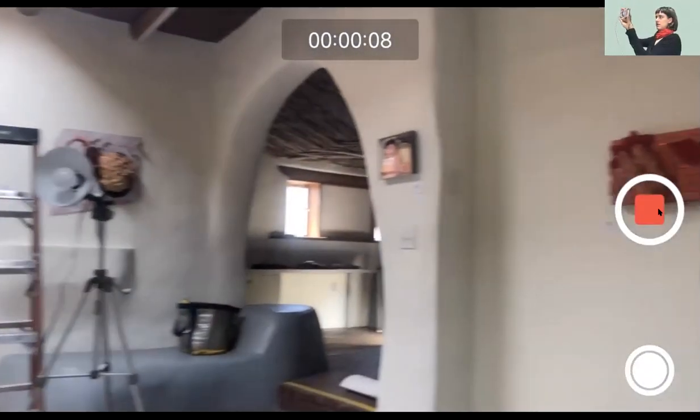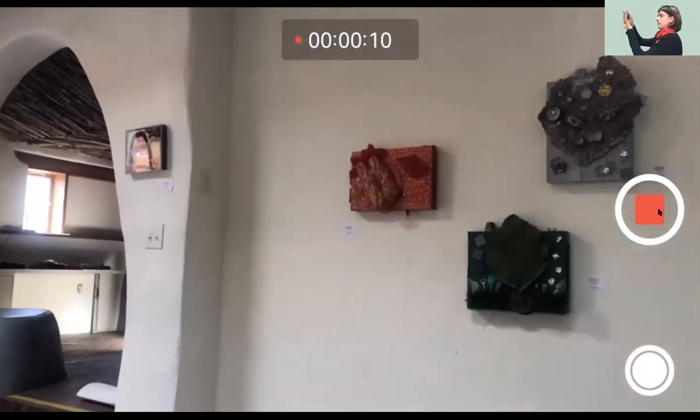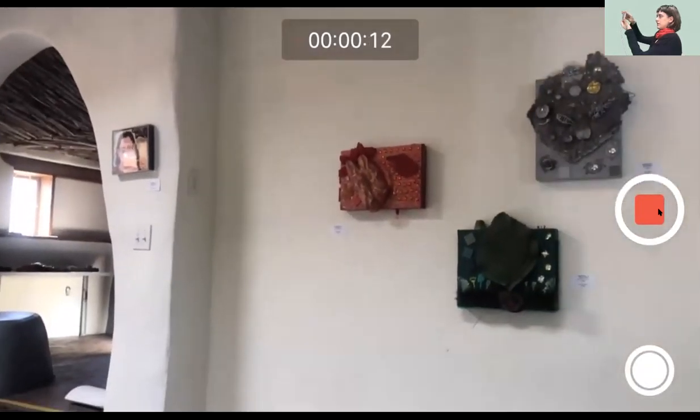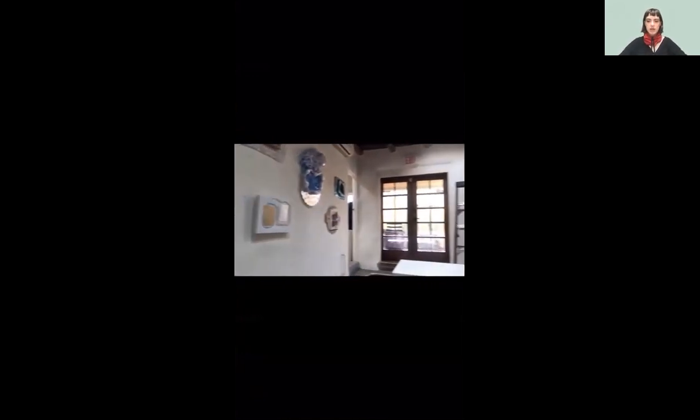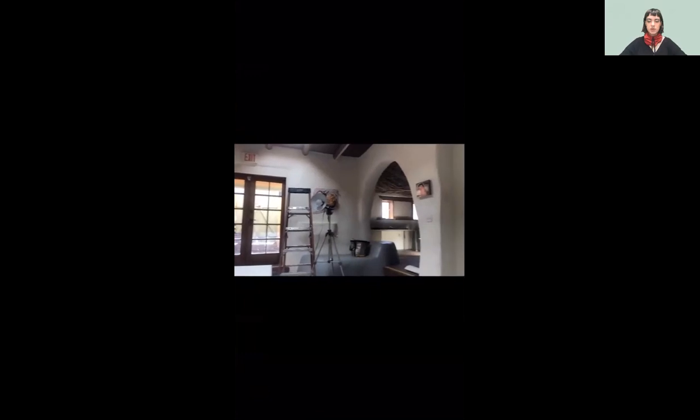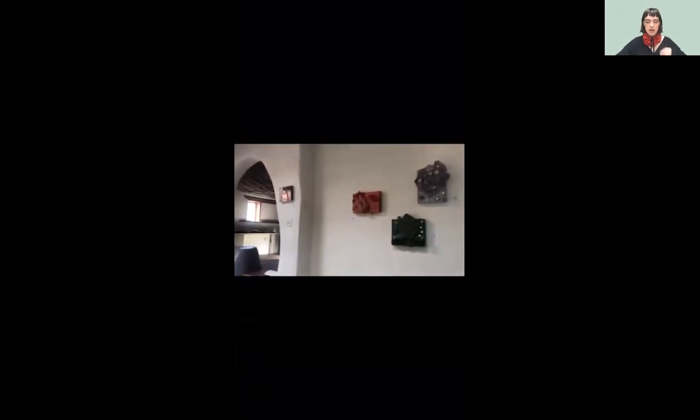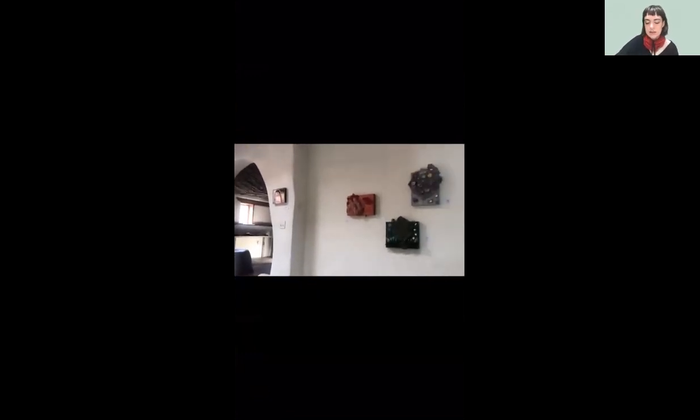I'm going to take a video of the room. And I'm going to go ahead and stop it. I'm going to go to my photos down here in the lower left-hand corner, watch it and make sure it looks pretty good to me. It does, yeah, I like that.